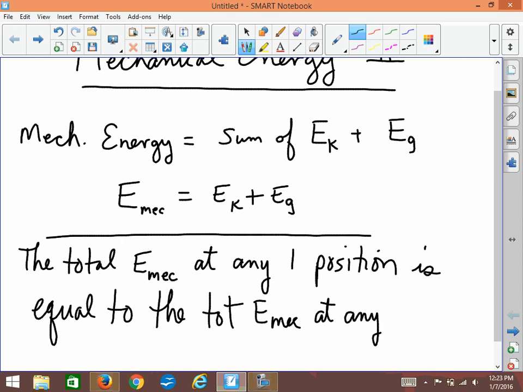In other words, the total mechanical energy is always the same. And this is what we're going to do today.